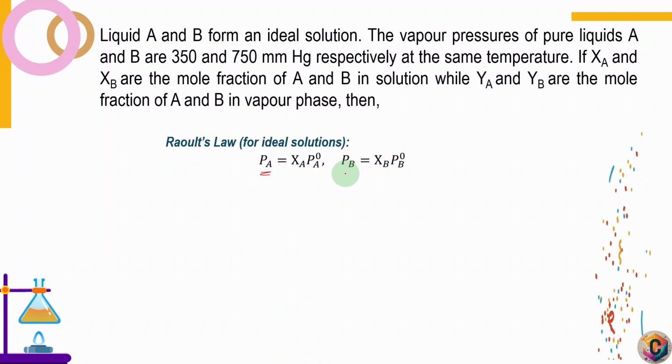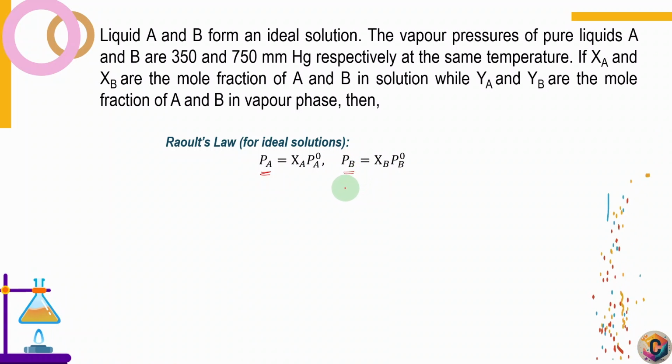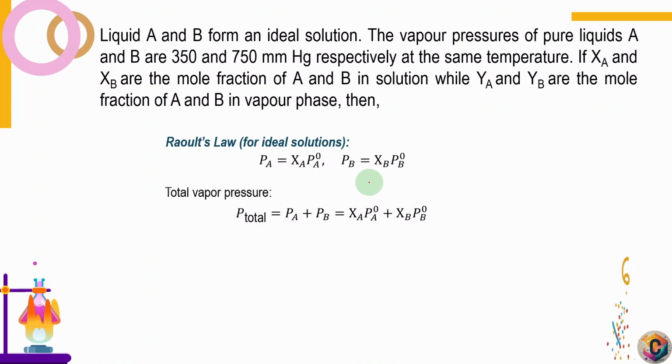And the vapor pressure of component B in the solution is XB into PB naught. You are going to calculate total pressure. Total pressure can be calculated from PA plus PB, where PA is XA PA naught and PB is XB PB naught.